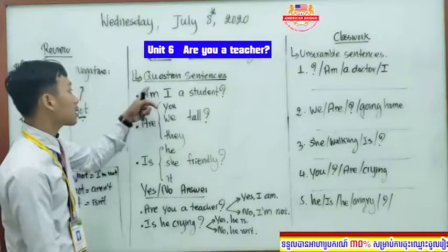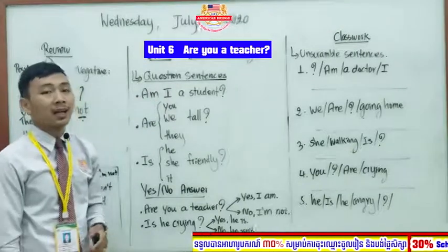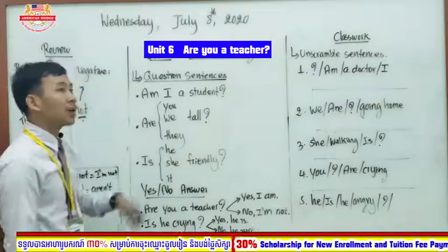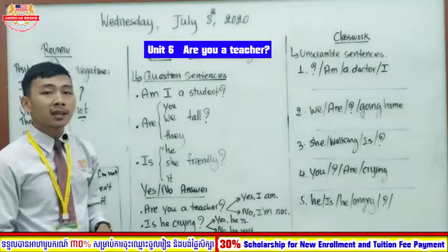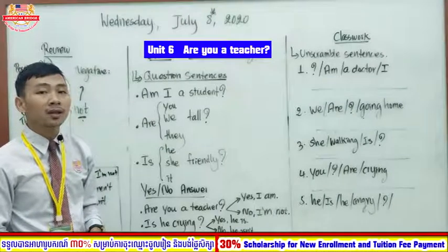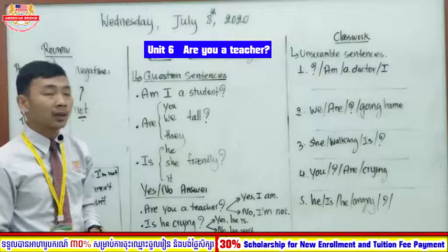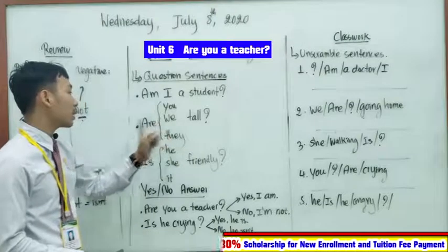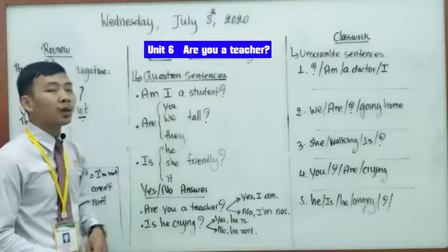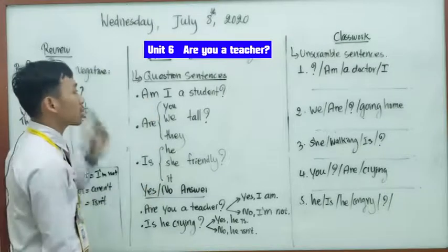So we will focus on the question sentences of verb be. As you know already, you, we, and they use with are, he, she, it use with is, and I use with, what is it? I use with am, okay? But what is the difference between negative and positive?